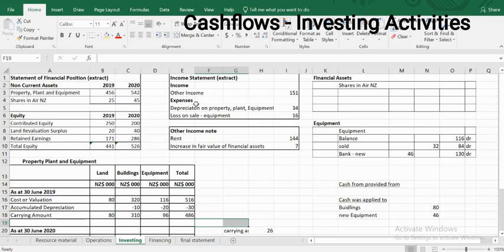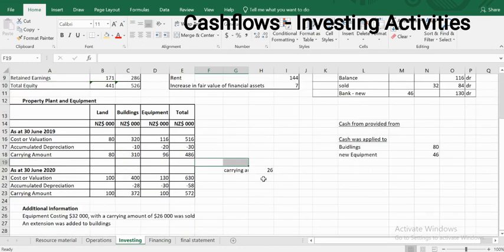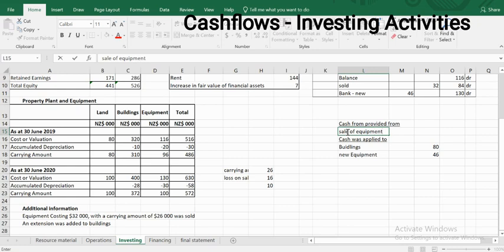And if we look under expenses here, we've got loss on sale of equipment of $16,000. So at a carrying amount of $26,000 and a loss on sale of $16,000, we must have actually only received $10,000 for it. So here under cash was provided for sale of equipment of $10,000.